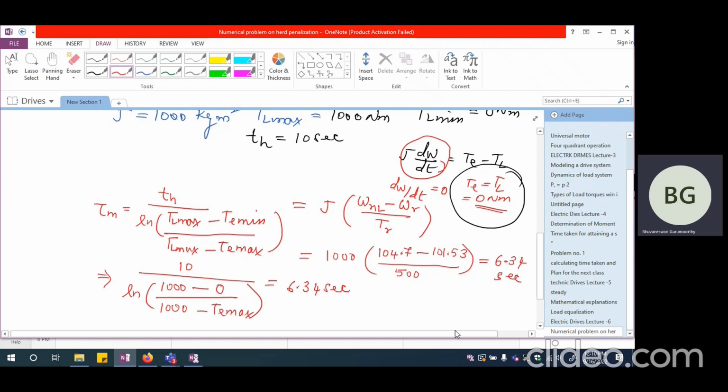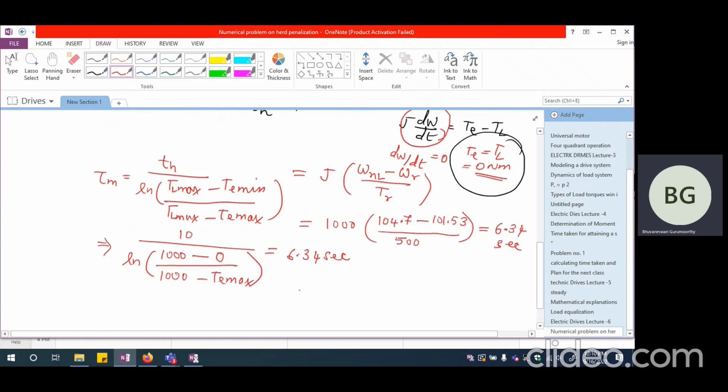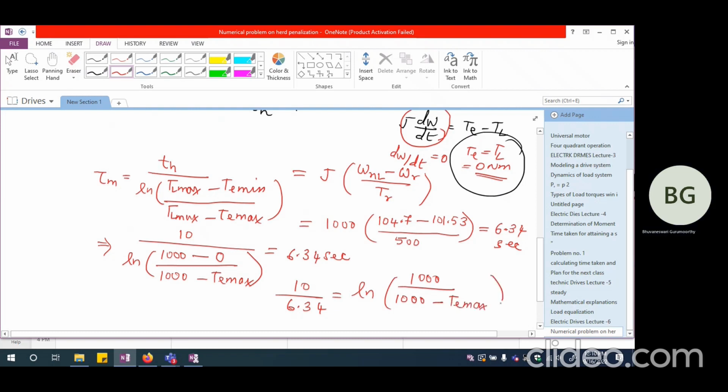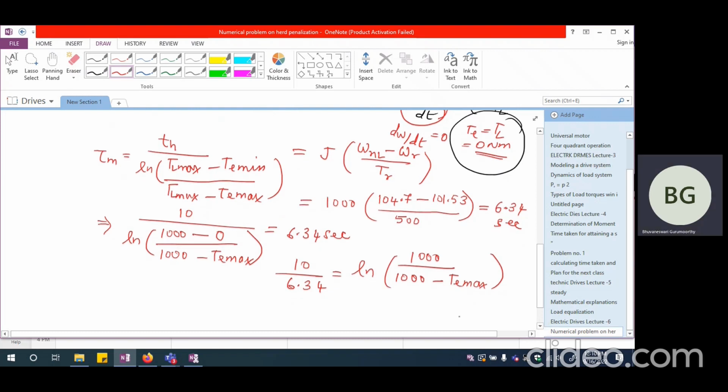So I should be able to write this as 10 divided by 6.34 equal to ln of 1000 divided by (1000 minus TE max). 10 by 6.34 is 1.577.